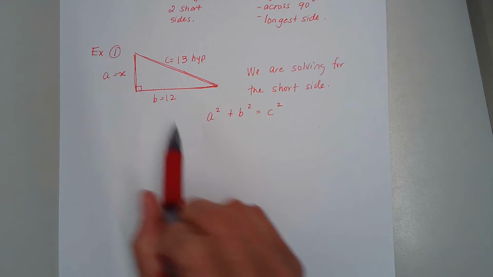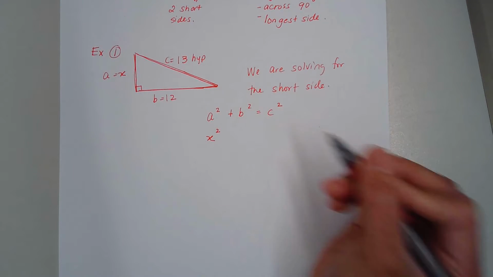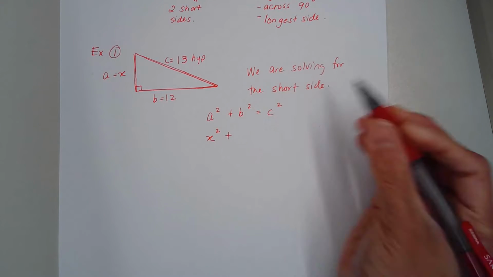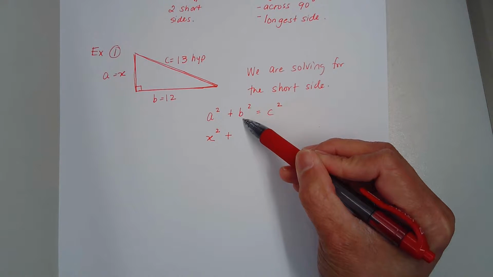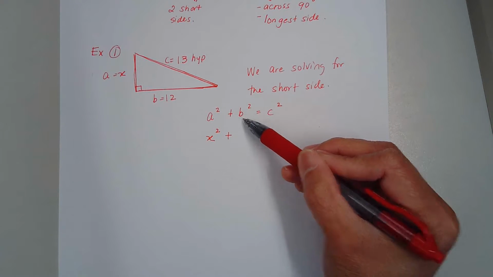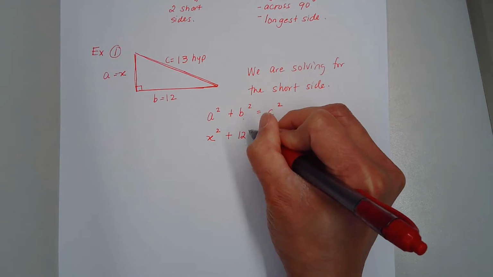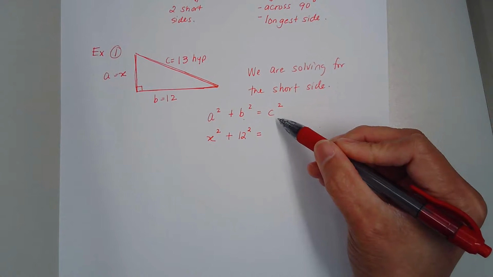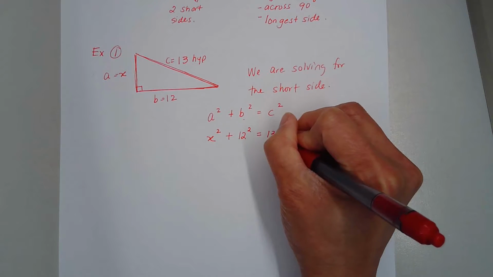A is our x, right? X squared, we don't know because we don't know what it is. Plus, do we know what our B value is? What is the B? 12, yeah, so we're going to replace the B with 12. Equals C, do we know what the C value is? 13. 13 squared.